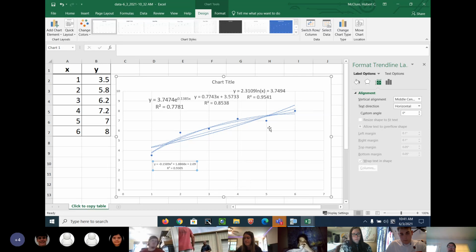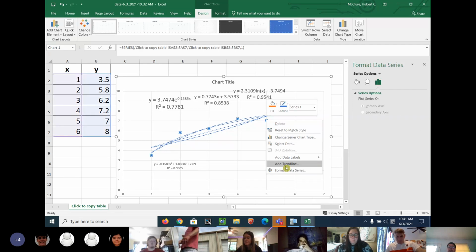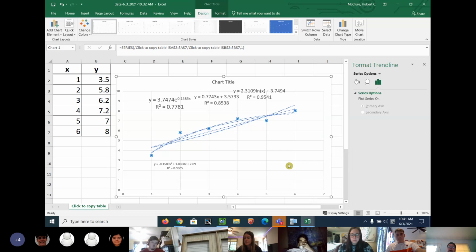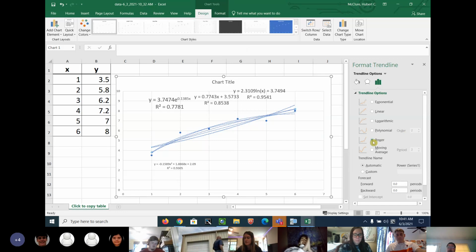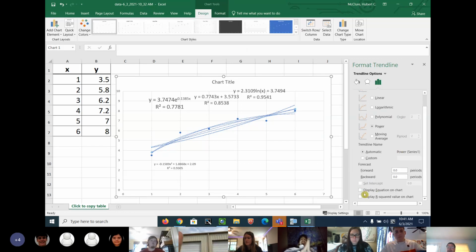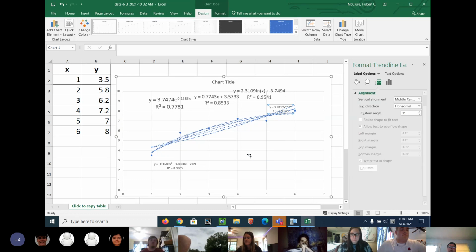Let's check power. Add trendline, power, and display. And that's 0.92. I think logarithm has got it. What do y'all think?